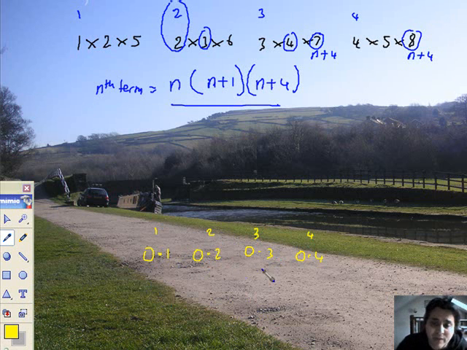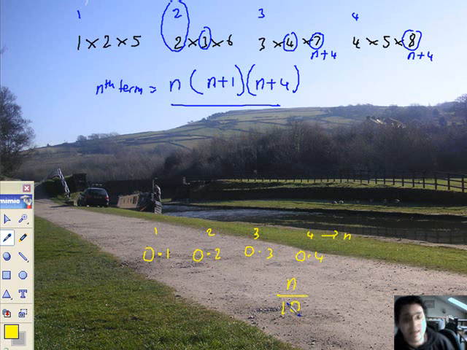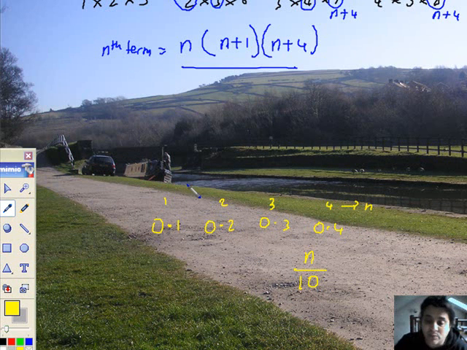I can see how 3 relates to 0.3, etc. So basically, if I take my n, here are all the n's here, I take my number and then I simply divide by 10. 4 divided by 10 is 0.4, 3 divided by 10 is 0.3, so my nth term is found by taking my number, dividing by 10, or you can say, if you want to, 0.1 times n. Easy, isn't it?